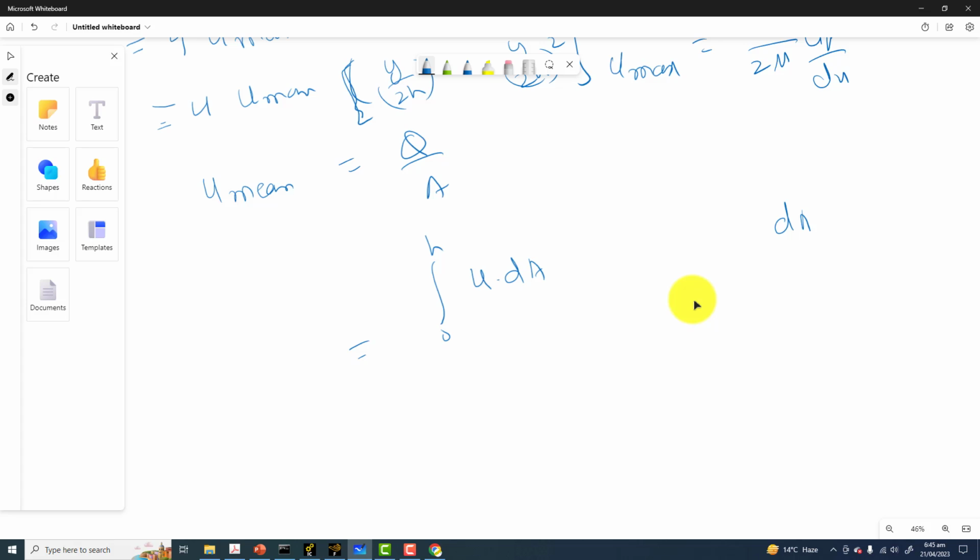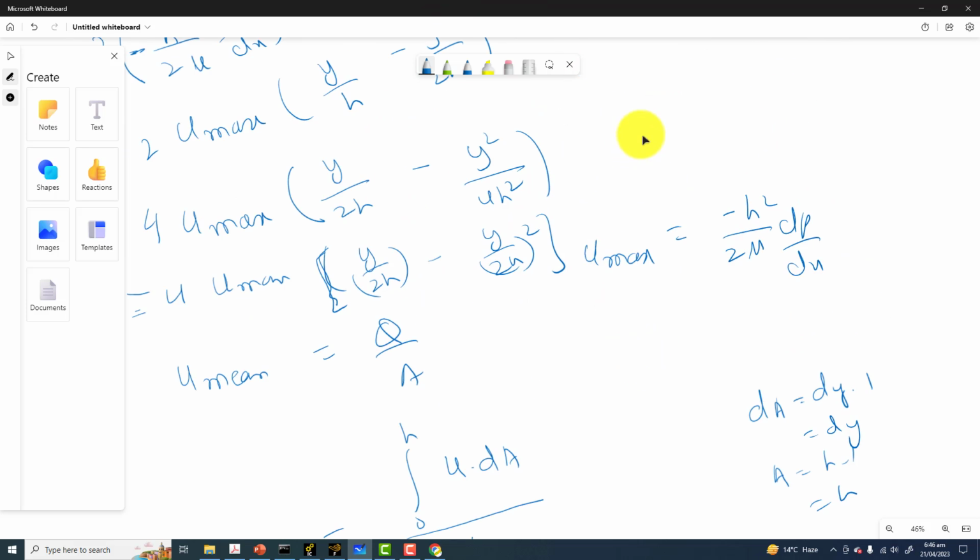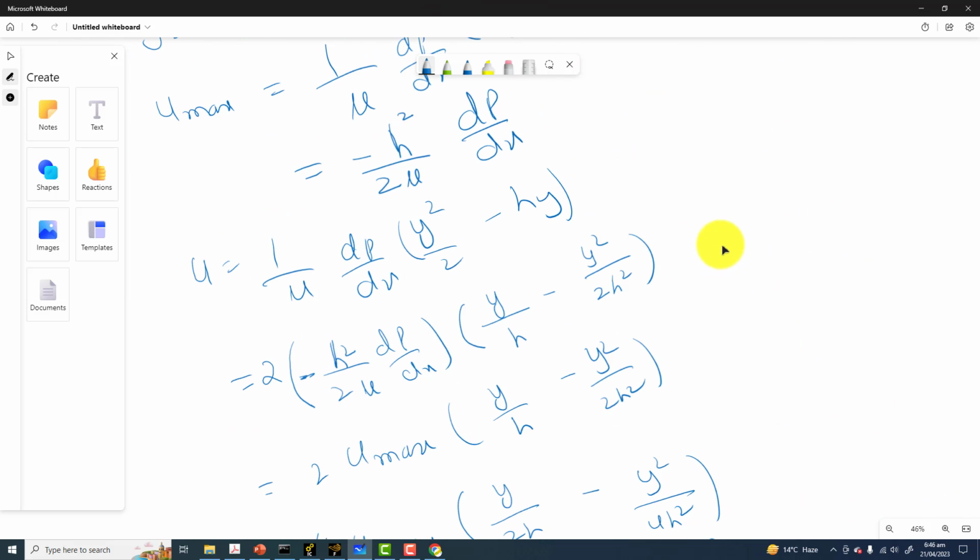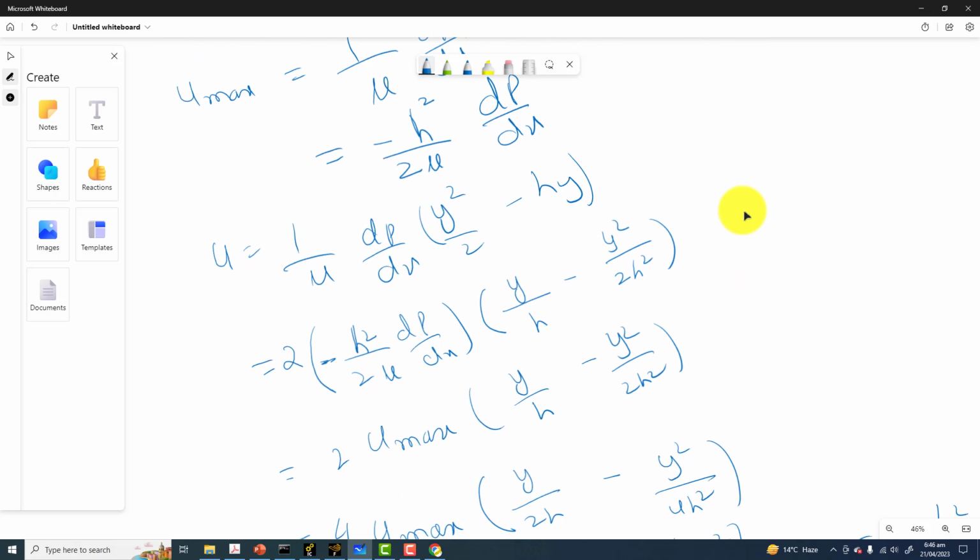So the dA for a small element would be equal to dy into 1. And divided by area, so the simple area would be equal to h into 1 is equal to h. So the u, we know this u is equal to the u in the very original form.